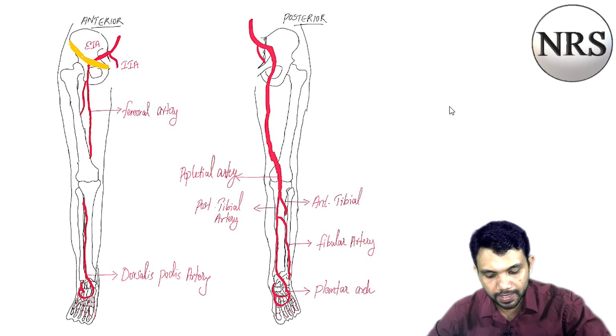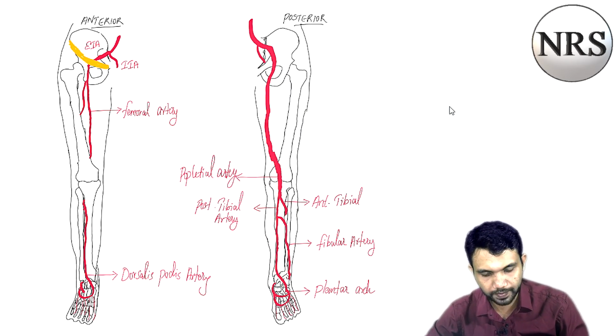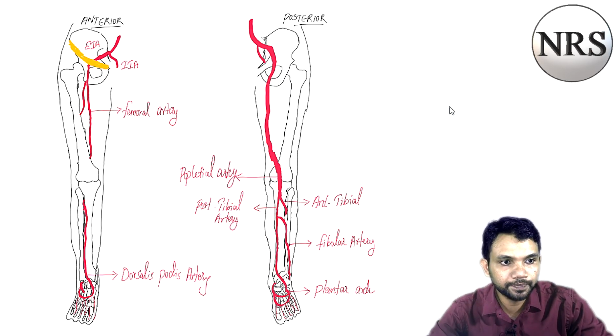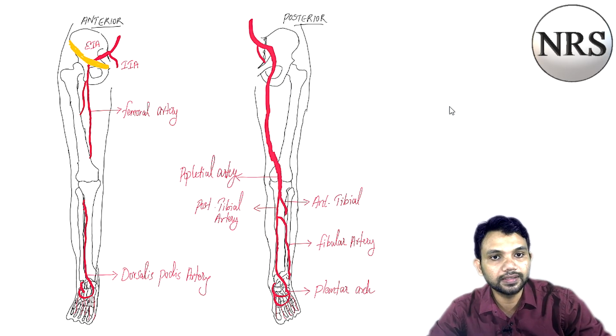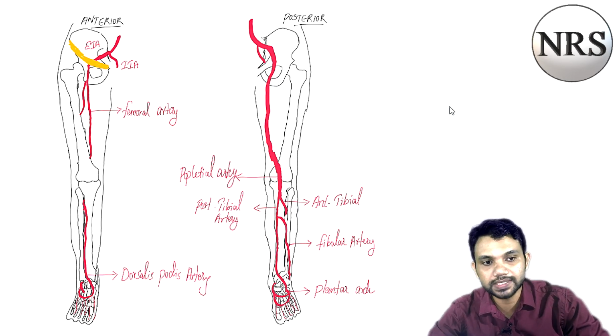And the fibular artery supplies the lateral aspect of the leg, and it also supplies this plantar arch. Okay, so here we can feel the pulse of this artery.